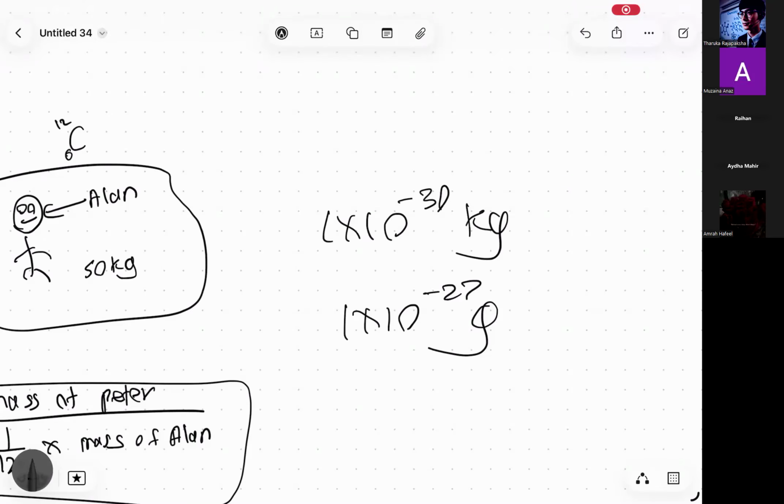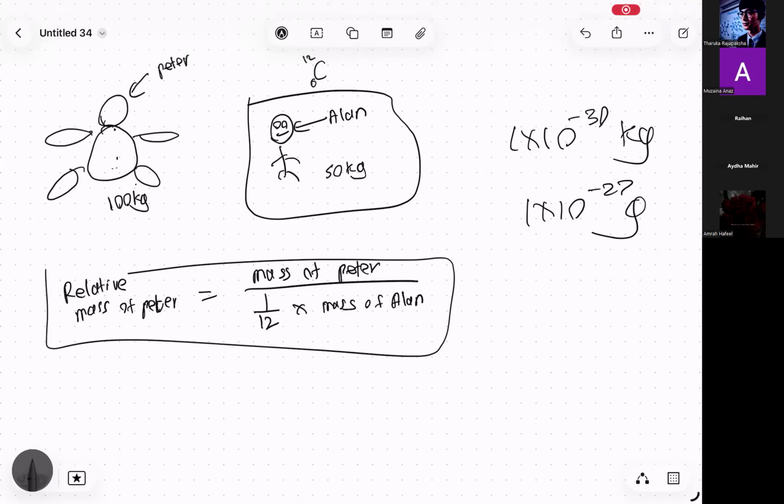So because of that, in order to make things easier, we go for something like this, relative atomic mass. Relative atomic mass is easy, people. When you calculate the relative atomic mass of oxygen, you get 16. You calculate the relative atomic mass of phosphorus, you get 31. It's just a relative value with another element and it's a whole number most of the time.